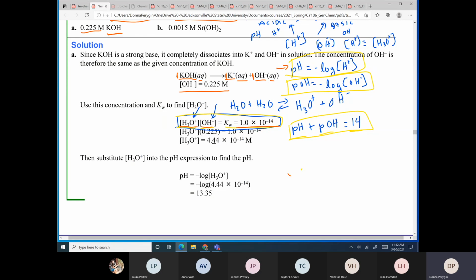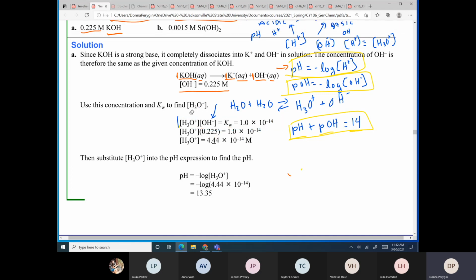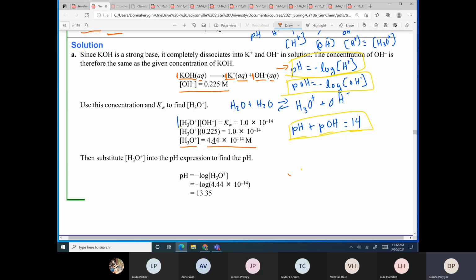Okay, so you can plug in that hydroxide ion concentration, which is 0.225, and the Kw, which is 1 times 10 to the minus 14, and then you can solve for H3O plus, which in this case is 4.44 times 10 to the minus 14, and plug that into the equation for pH, which we just noted is equal to the negative log of the H plus.